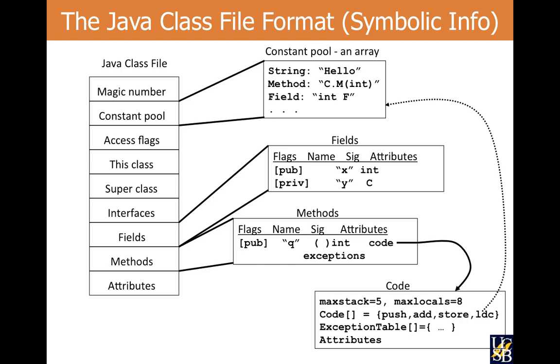Again, all of the instructions in a method, when they access fields or methods or strings or constant values, simply index into the constant pool to get those names and values.